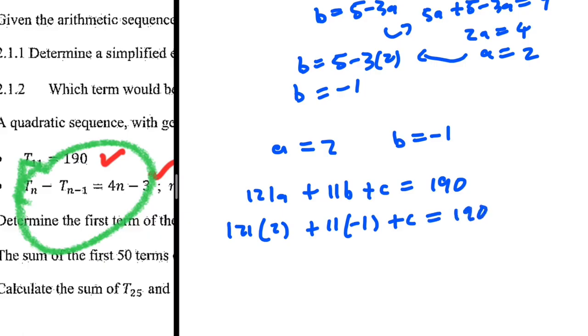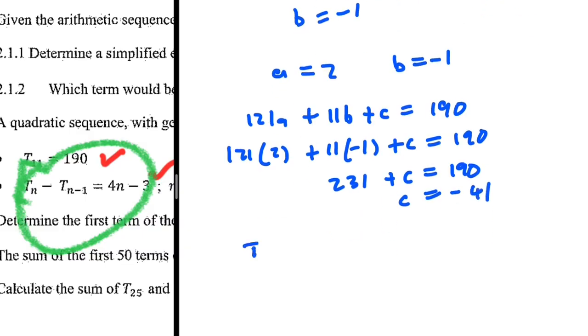So, okay, 121 multiplied by 2 minus 11. Just minus 11. So we get 231 plus c is equals to 190. So c is equals to 190 minus 231. We get minus 41.